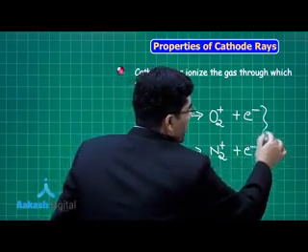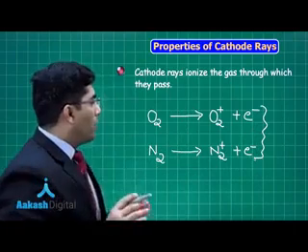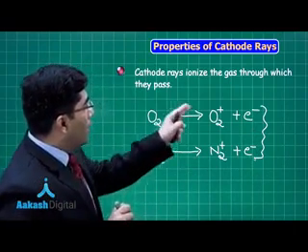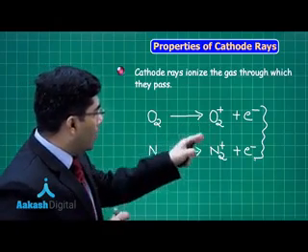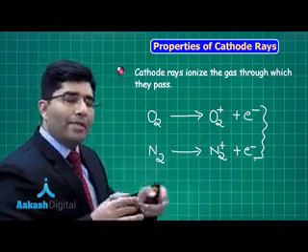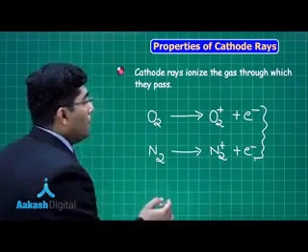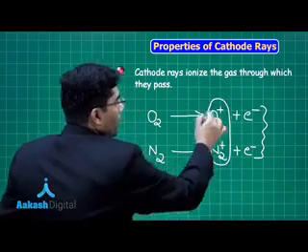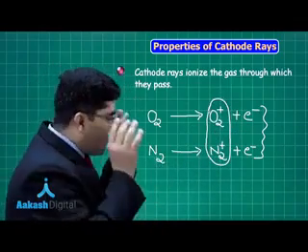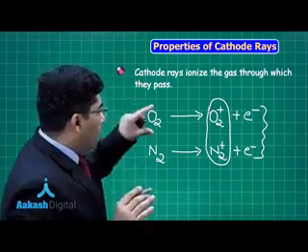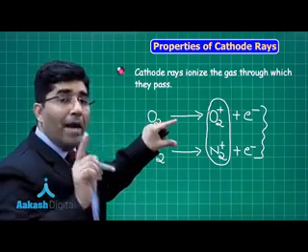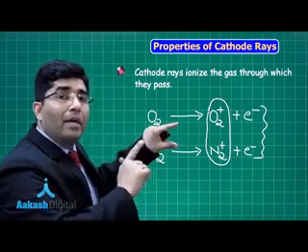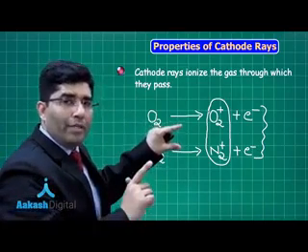These two electrons are the same, meaning the electron coming out of the oxygen and the electron coming out of the nitrogen will obviously be the same, but the positive particles are not the same. You have to keep this point in mind, and we will learn this in anode rays after studying the properties of the cathode rays, right?